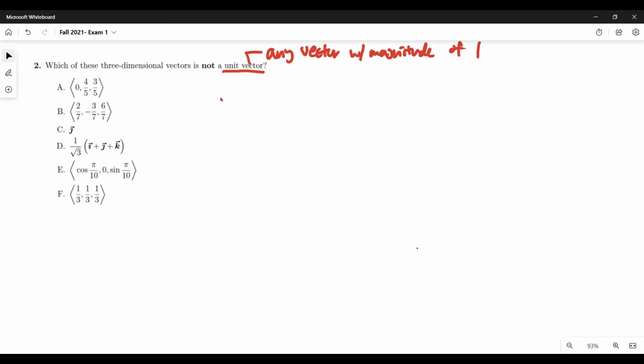So let's try A. A is (0, 4/5, 3/5). So the square root of 0 squared plus (4/5) squared plus (3/5) squared. This will give you the square root of 25/25, which is just 1. So it's not A, since it is a unit vector.